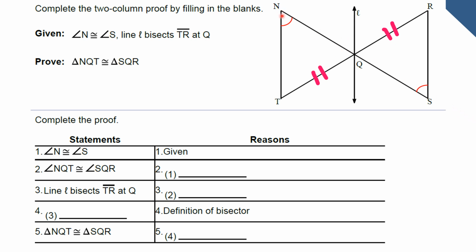Now we've also got an extra piece of information here that's just given to us for free. And this is by the vertical angles theorem. Do y'all remember that? It said that if you have two lines intersecting, like NS and RT, those two lines that I'm tracing there, they form two pairs of vertical angles.